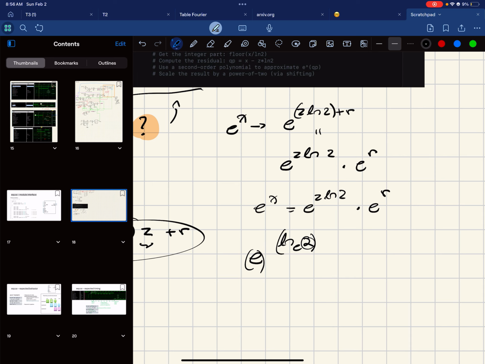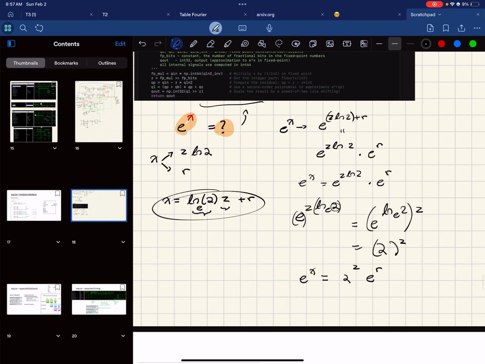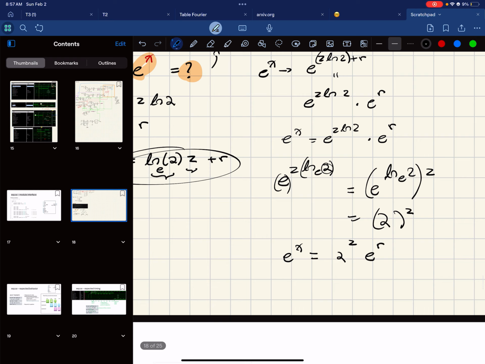That's e to the ln_e 2, raised to z, and e raised to the thing that makes it 2 means that it's 2 to the z. So e to the x is equal to 2 to the z times e to the r. Okay, we're very solid, we're getting there.